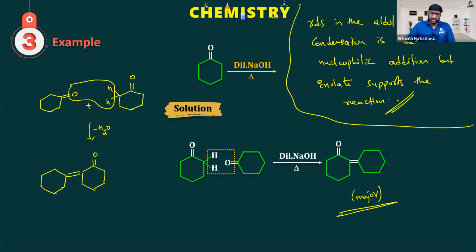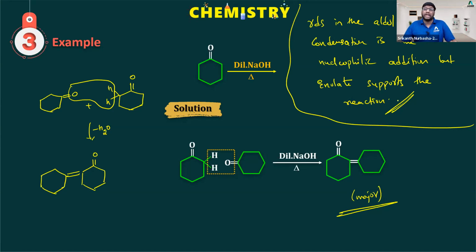Whenever there are two possibilities, like we have two alpha hydrogens, I have to pick up one. Then in that case, you have to pick up that particular alpha hydrogen and do the nucleophilic attack. Based on which particular C double bond is more reactive towards nucleophilic addition reactions, with respect to that only the addition has to be done.